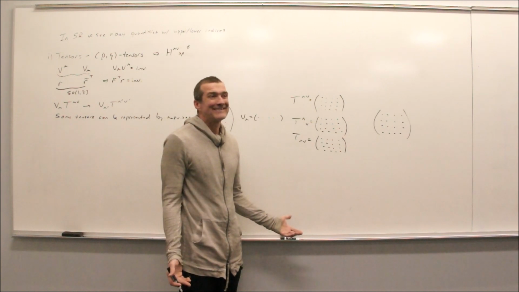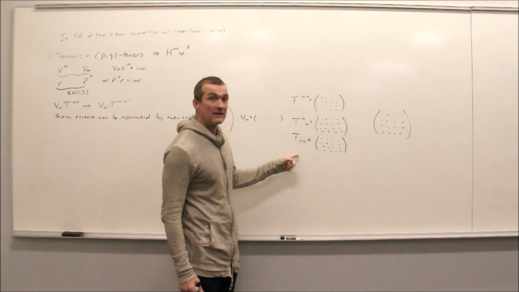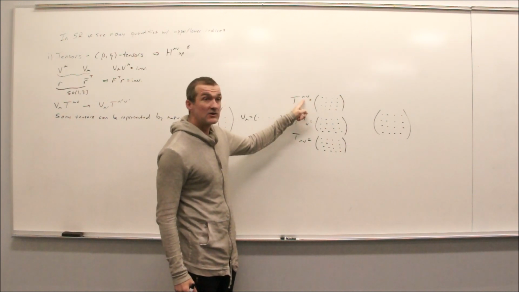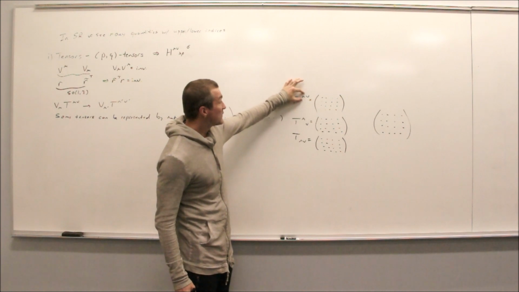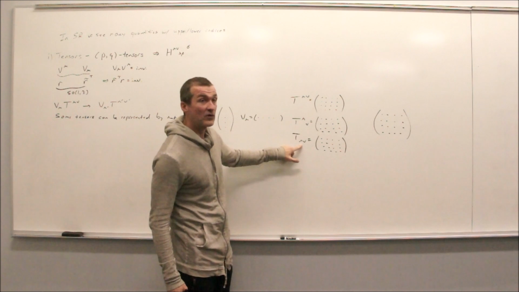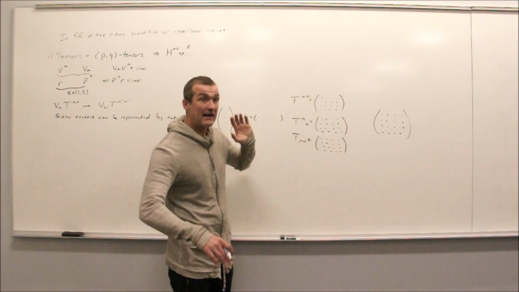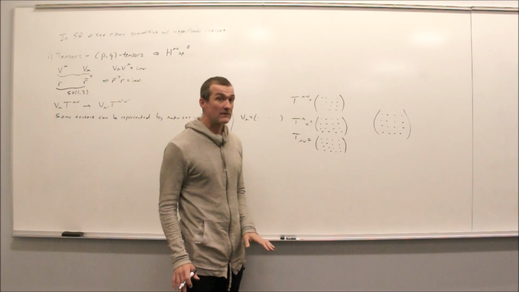You don't know. Okay? You have to label where the indices are on a tensor because they determine how the tensor transforms. This transforms with 2 vector indices. This transforms with 1 vector and 1 dual vector index, and this transforms with 2 dual vector indices. So this labeling with the up and down indices is incredibly important.